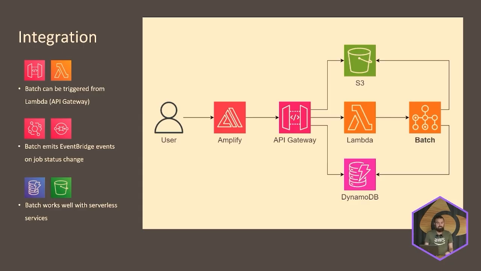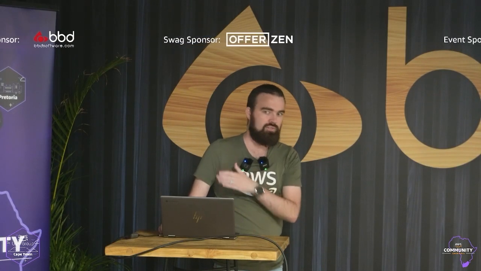For integration, batch can be triggered from Lambda, as I mentioned, in API Gateway. It can be triggered from anywhere, but that's a good integration. Then batch also emits EventBridge events on job status change. And this is super cool because if you want to know if one of those 1,000 jobs is complete, you can just listen for an event. You don't have to have any code running on batch that listens for anything or updates the database.